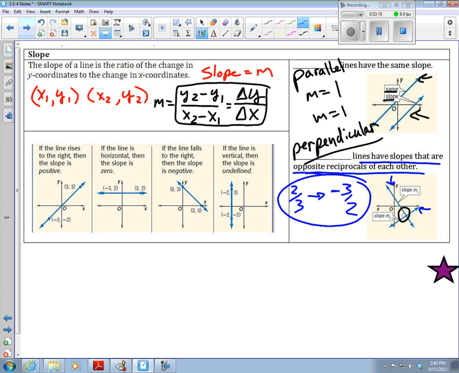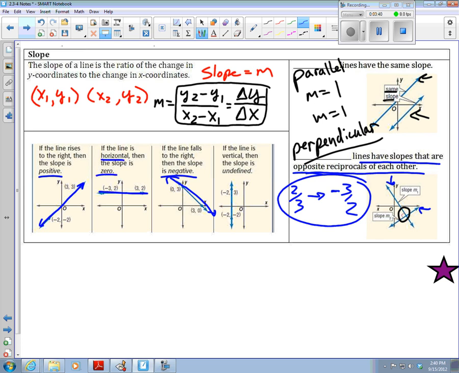There's basically 4 kinds of lines when you're looking at them. First of all, right here, this line is going up as it goes to the right, so it has a positive slope. This line is going down, you can see, as it goes to the right, so it has a negative slope. Then we have this. This is a horizontal line right here, so it has a slope of 0.